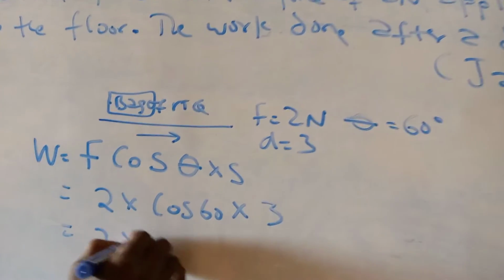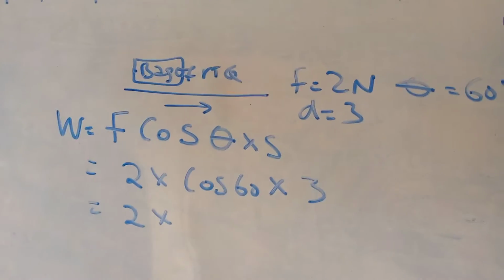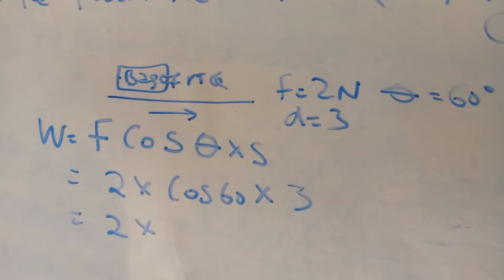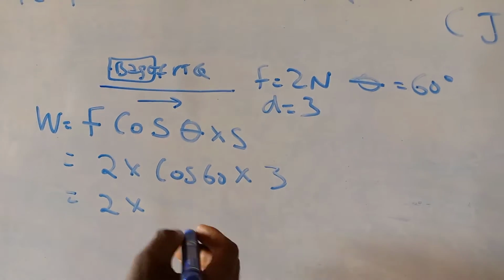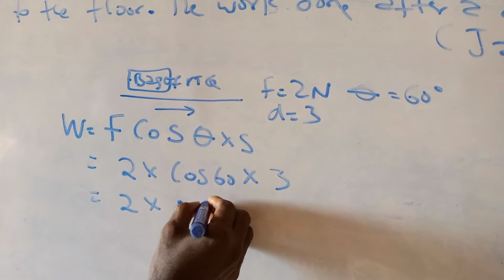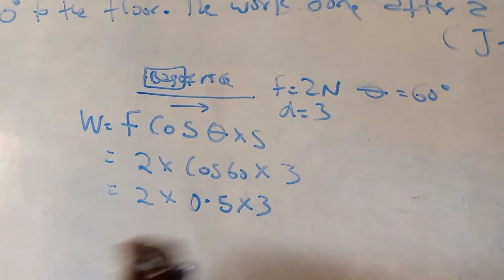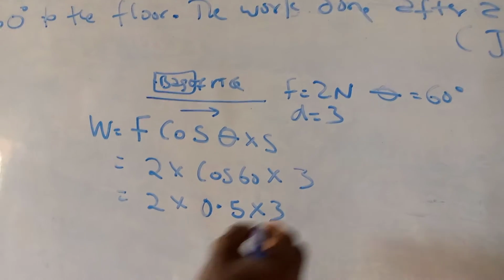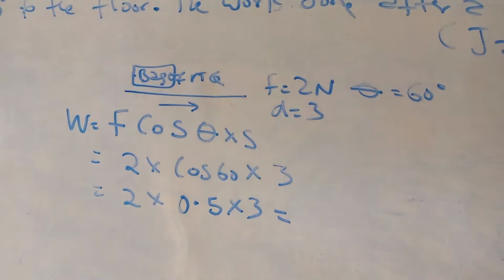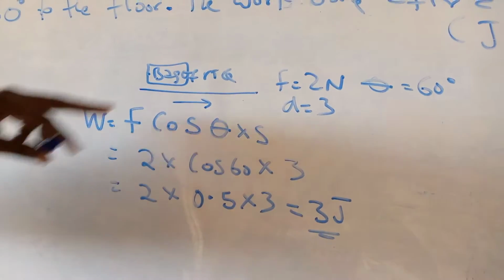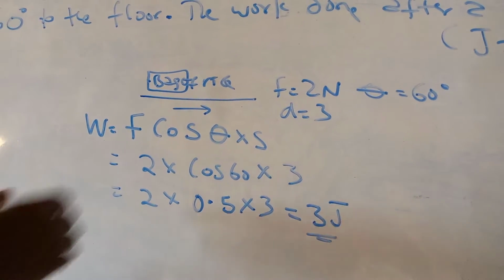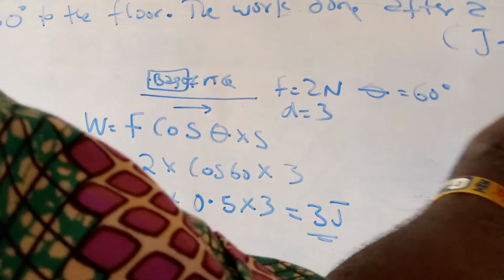When you use your calculator, cos 60 gives you 0.5, from your calculator or from your 4-figure table. When you multiply this together, it gives you 3 joules. So this is the work done by the boy because he was dragging it on the horizontal.